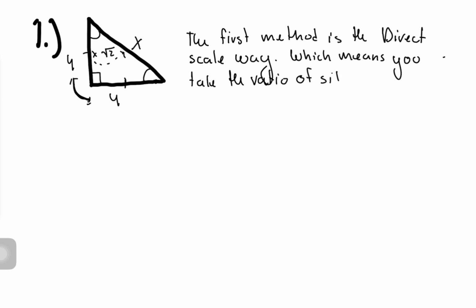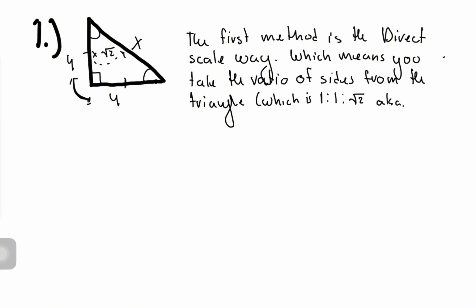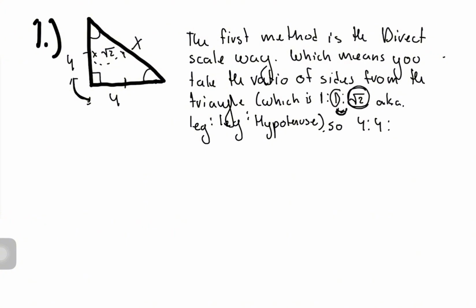So this means that you take the ratio of sides from the triangle, which is 1, 1, and the root of 2, aka the leg, leg, and hypotenuse. And you're going to try to scale up from leg to hypotenuse. So 4, 4, and we're going to try to find what the next thing is.